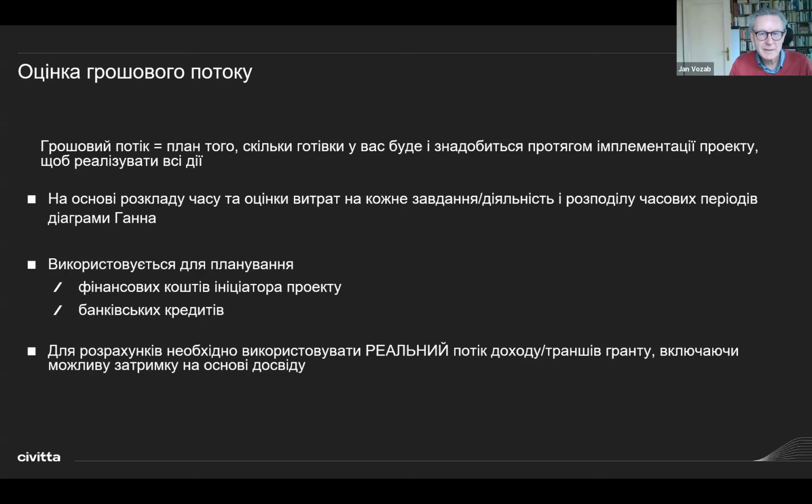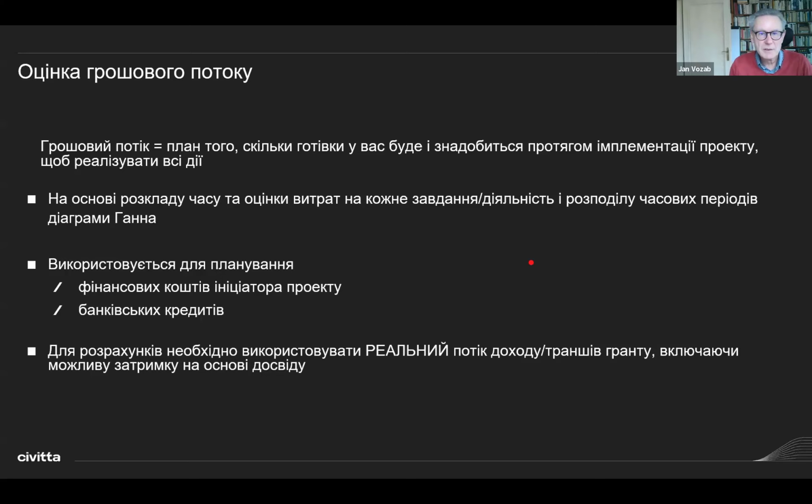Meaning, and that's a key issue, that you have to get some information about the behavior of the donor in advance to know whether and how much installments may be delayed in a particular case of a particular donor.